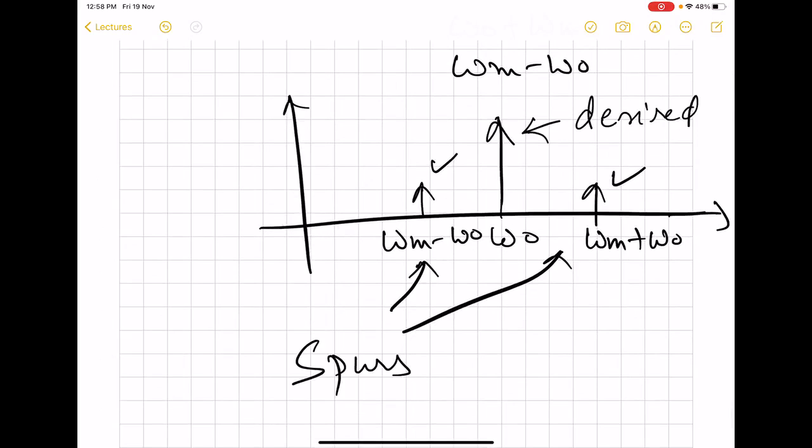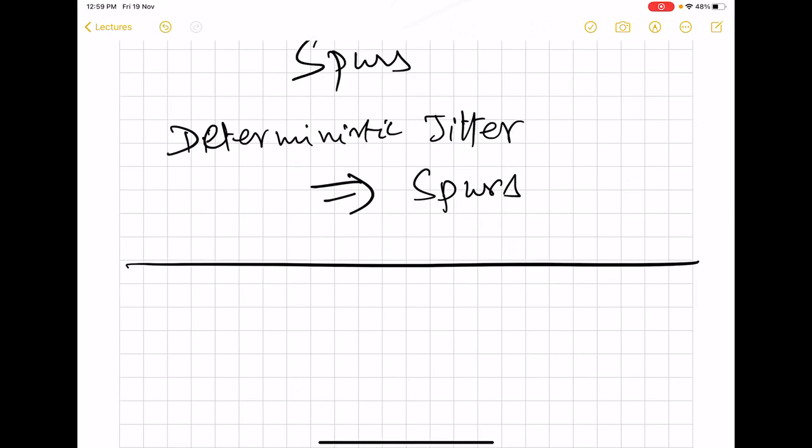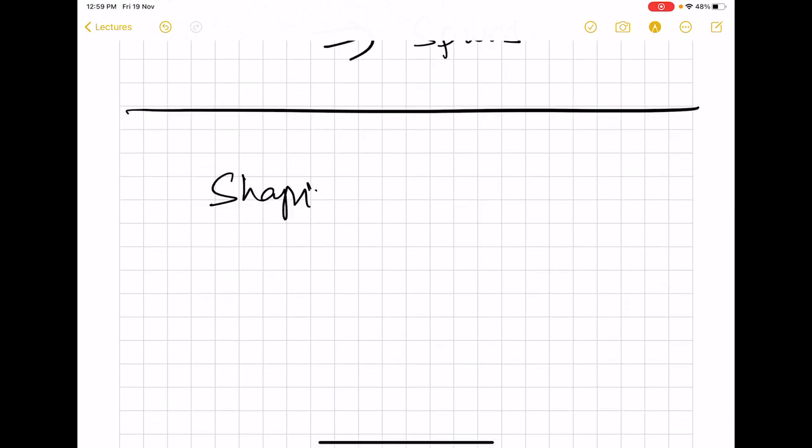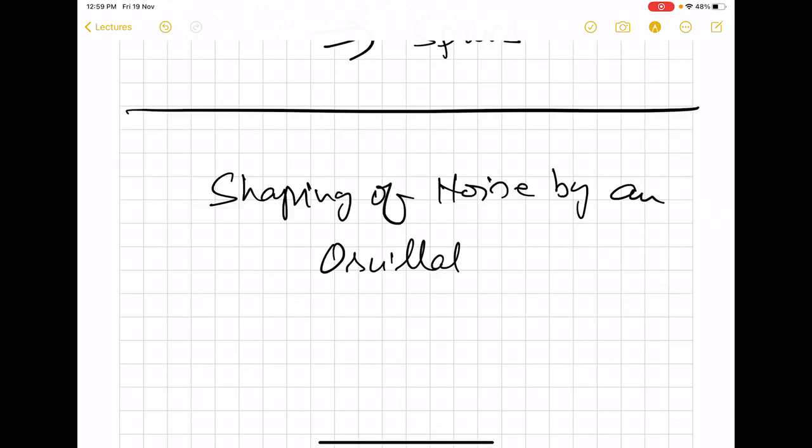So we see that output, and this is also called shaping of noise by an oscillator.